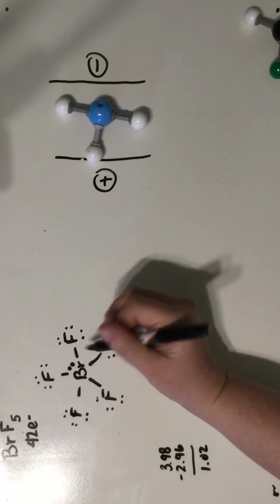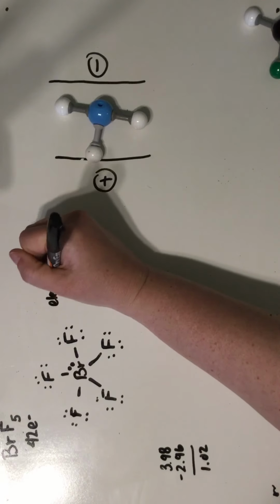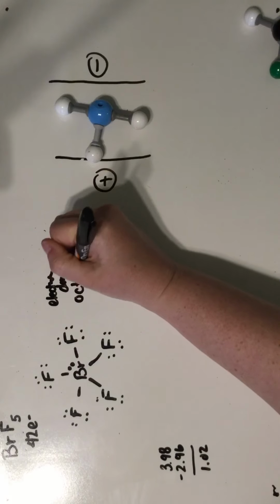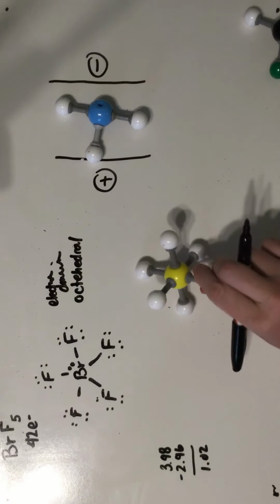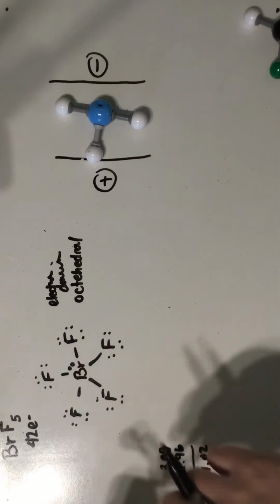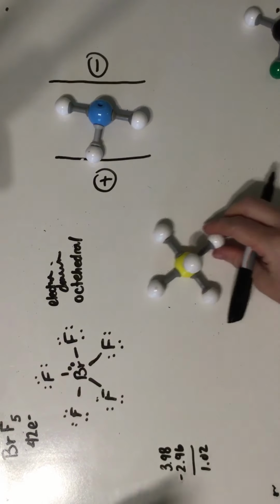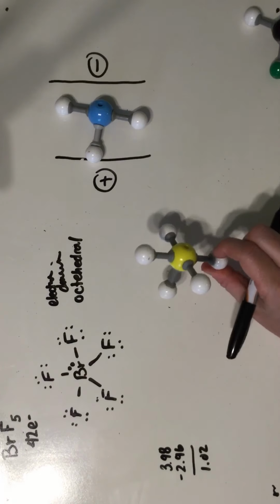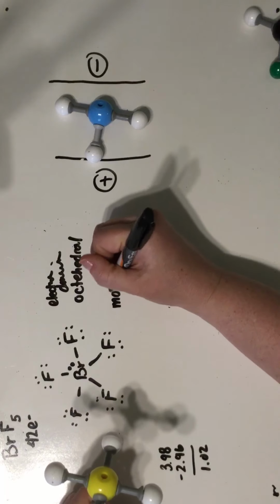We have 1, 2, 3, 4, 5, 6 electron domains, so that electron domain geometry would be octahedral. This is the shape we're building it off of, but we're replacing one of these guys with the lone pair. So we're taking one of these atoms off, and now we're left with this shape here. And if you remember, this one would be square pyramidal, so that would be our molecular geometry.